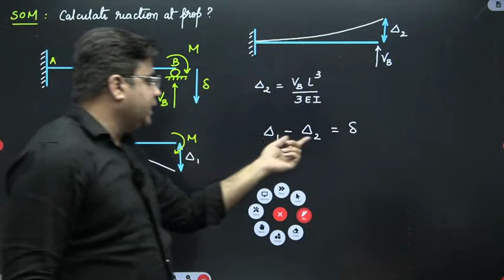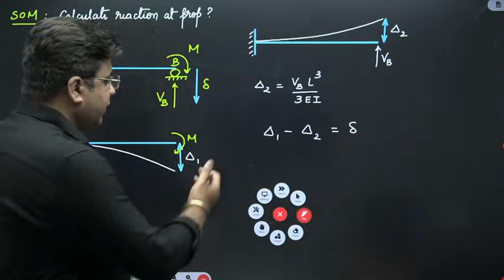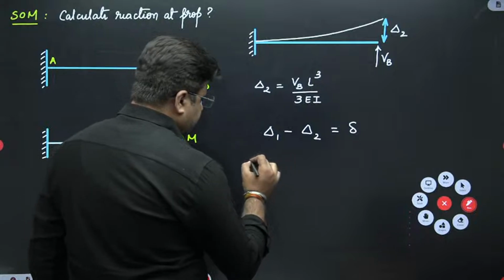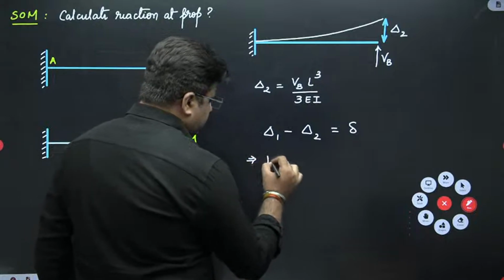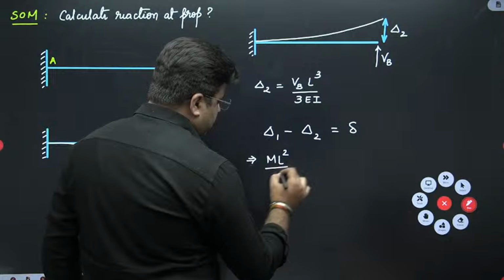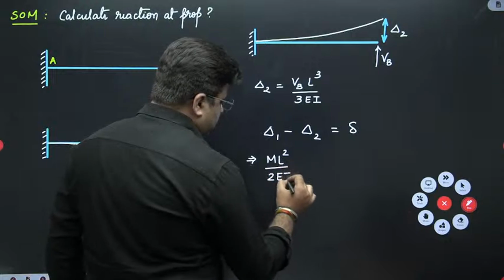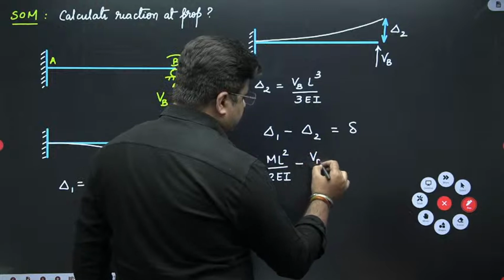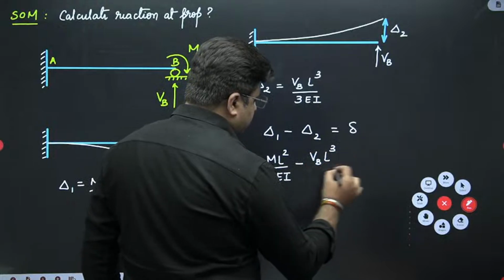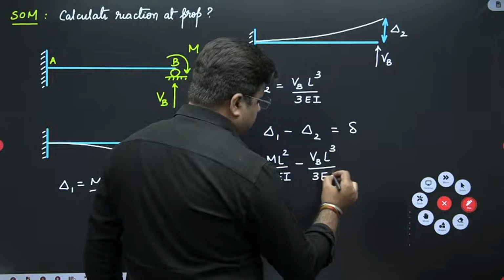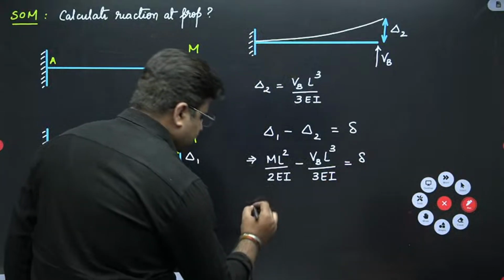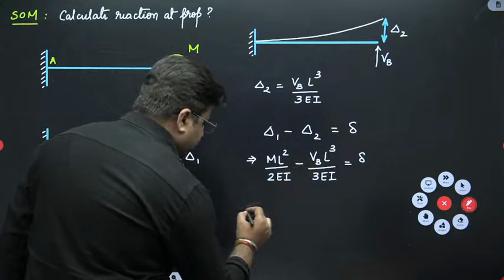Substitute the value, get the answer. Delta 1 is ML square upon 2 EI, delta 2 is VB L cube upon 3 EI, is equal to delta, right? From here you need to find out the value of VB.